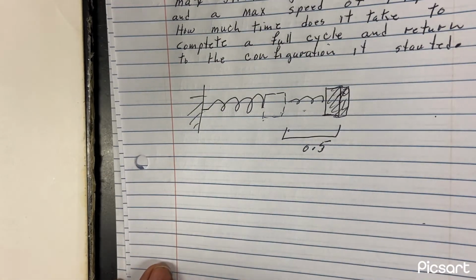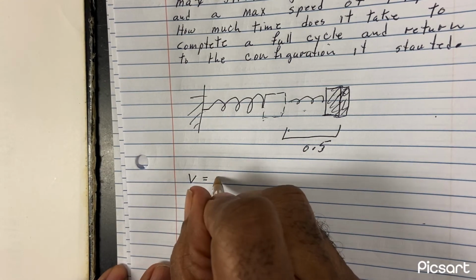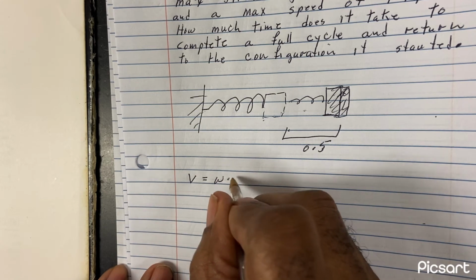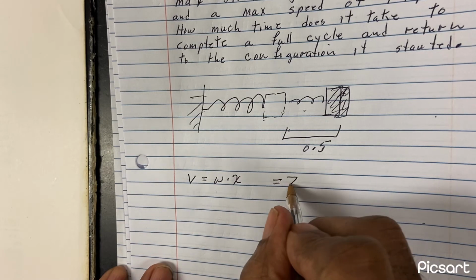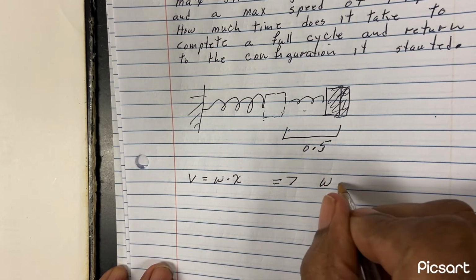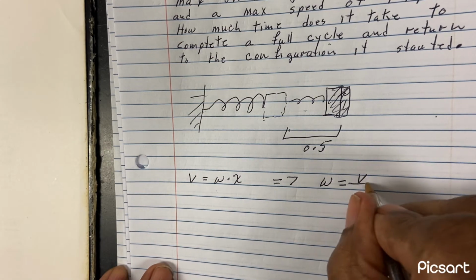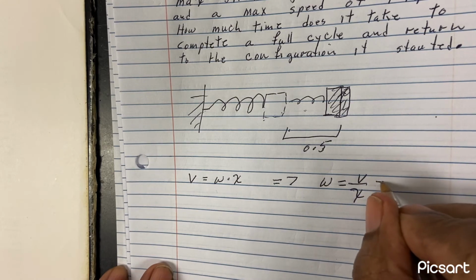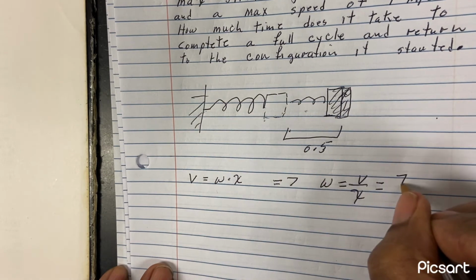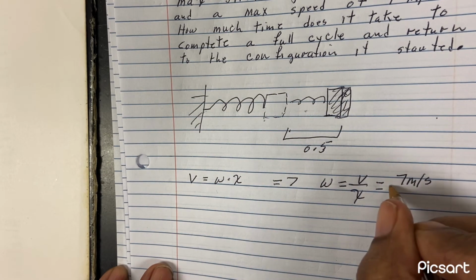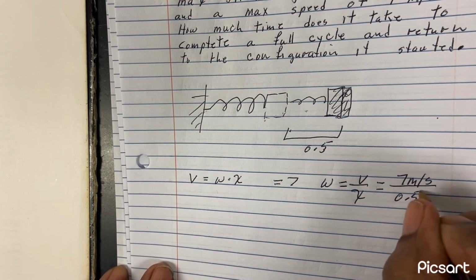And so this is what we know. We know that V is equal to omega times x. That's the stretching distance. So all you have to do is say omega is equal to V divided by x. And in this case, it's 7 meters per second divided by the stretch distance, which is 0.5 meters.